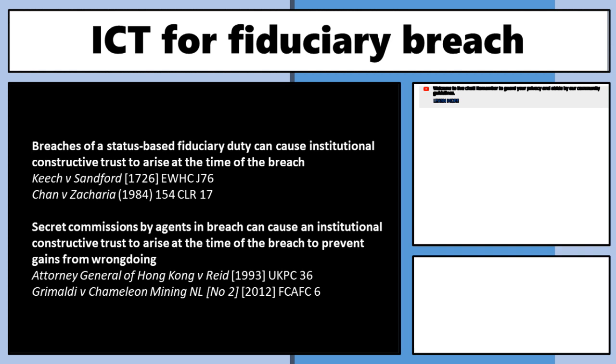Well, the problem here was that the money didn't come from the Hong Kong government, it came from criminals. We've got something of a problem here, because earlier I'd mentioned that in our system, we don't really like this system of unjust enrichment. We'd much prefer to base things in Australia on unconscionable conduct.